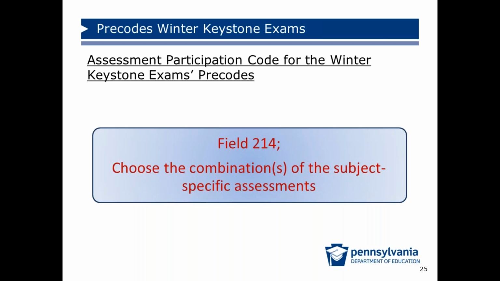In order to include the student in the precodes for the winter Keystone internal snapshot, field 214 has to be coded with some code other than Z, which is not participating in any assessment in the student template. So as we mentioned earlier, the LEA has a few options on how to submit the student record.